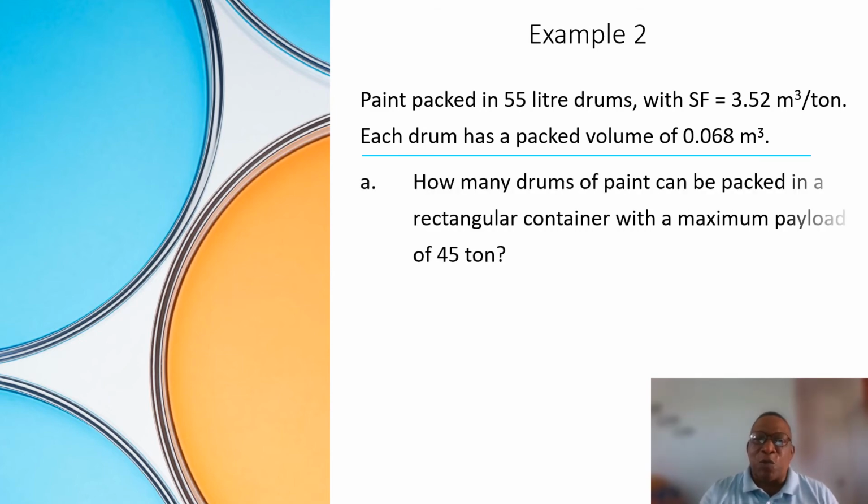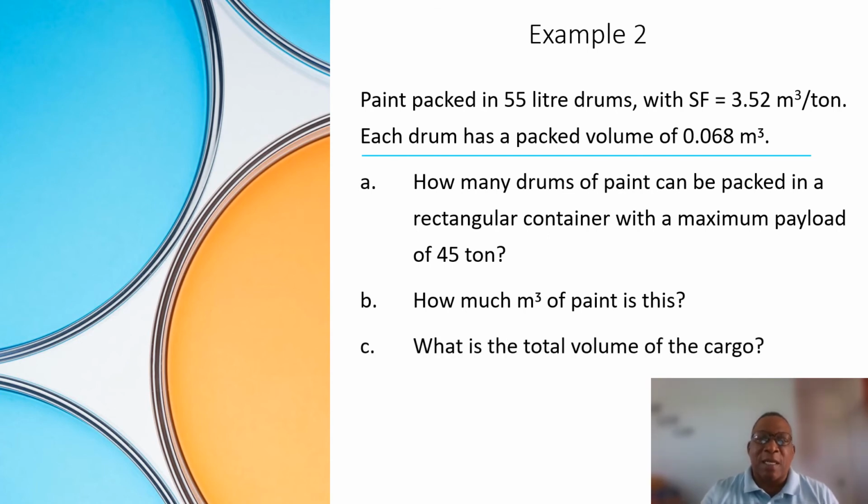Again, we are asked how many drums of paint can be packed in a rectangular container with the maximum payload of 45 tons. B, they want again to know how much cubic meters of paint is this. And C, what is the total volume of the cargo.